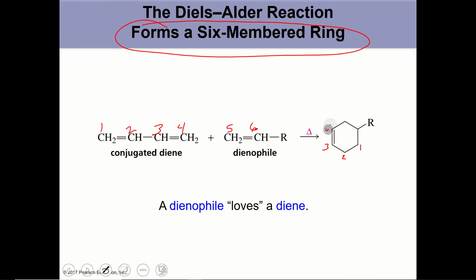That the pi bond always ends up between carbons 3 and 4. Okay, so at least you can confirm the pi bond will always be between, no, that's not correct.